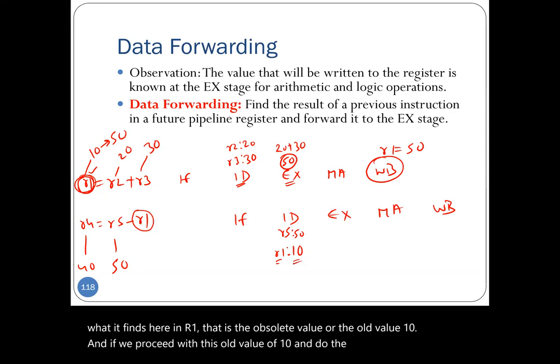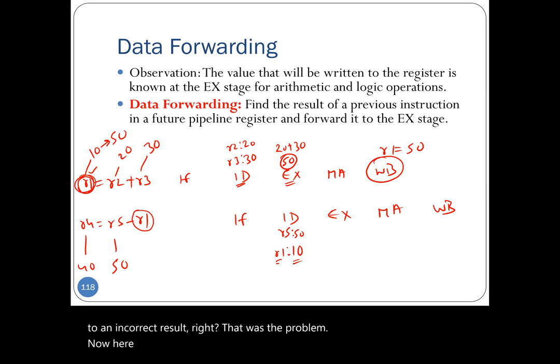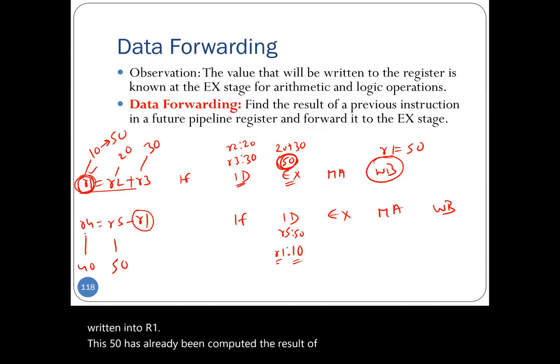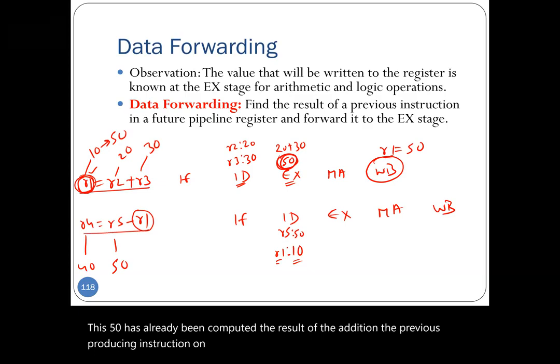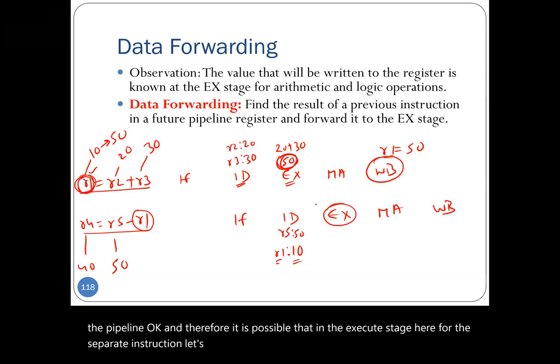That was the problem. Now here is an important insight. Note that this 50, although it has not been written into R1, has already been computed. The result of the addition, the previous producing instruction on which our subtract depends, is already present inside the pipeline. And therefore it is possible that in the execute stage for the subtract instruction, when we are performing R5 minus R1, R5 is updated, so we use 50 from there.